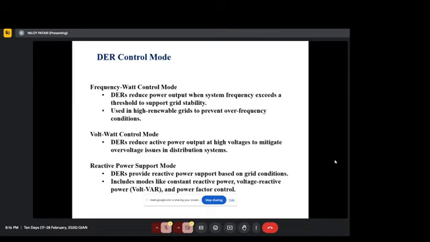So frequency-watt gives a grid stability service, right? When you have a huge wind farm, you can control the active power injection from the wind farm grid side converter in such a way that it helps in stabilizing the system.